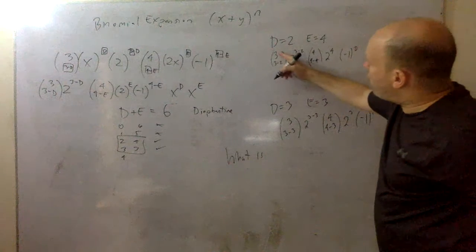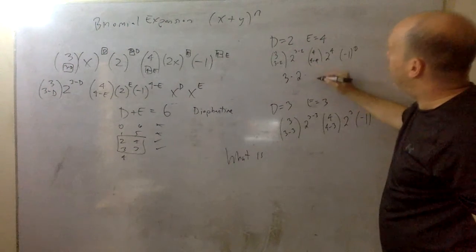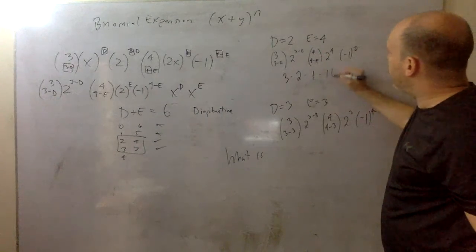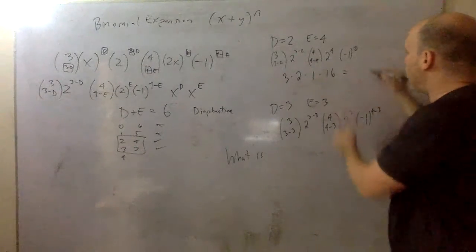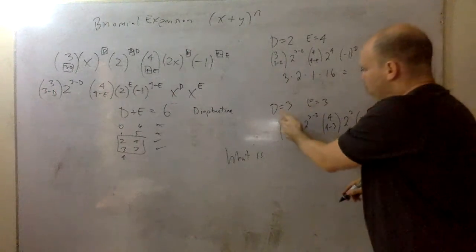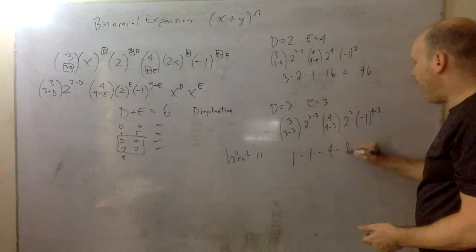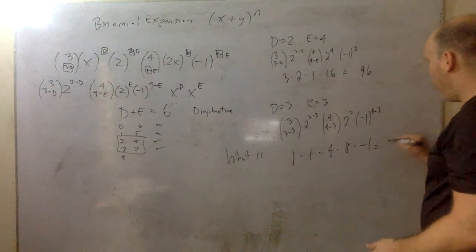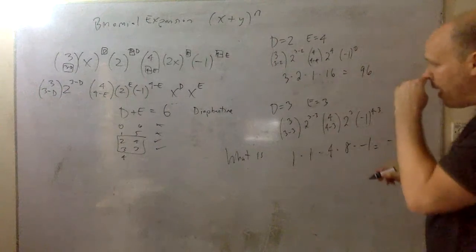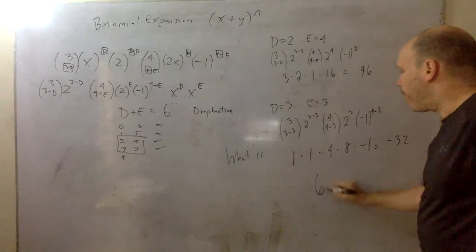This is easy. 3 choose 1 is 3, times 2 times 1 times 16. 6 times 16 is 96. Here, 3 choose 0 is 1, 1, 4, 8, negative 1, minus 32. Final answer to this long problem: 64.